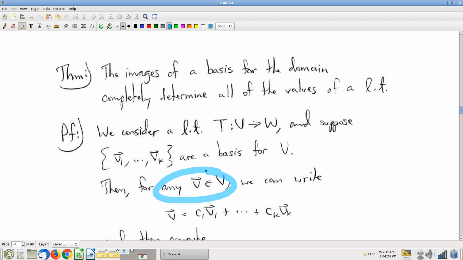Well, by assumption, these vectors are a basis, and a basis has the wonderful feature that no matter what other vector you might be considering, that vector must be a linear combination of those basis vectors. That's one of the nice things about a basis.